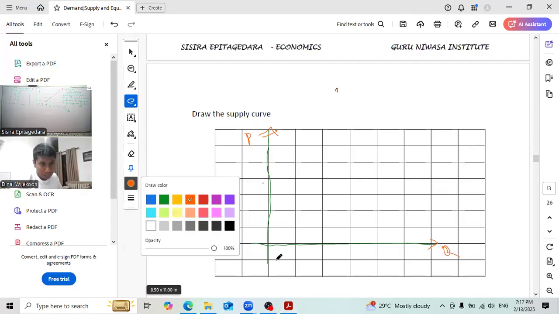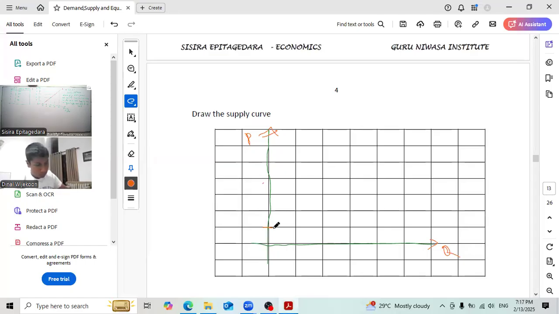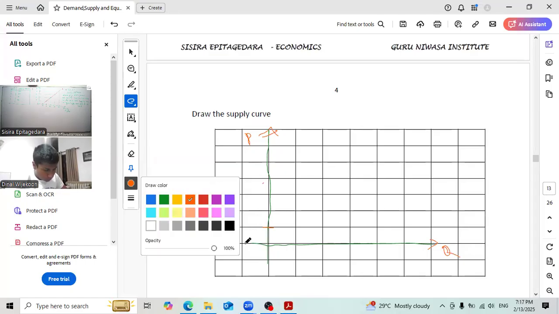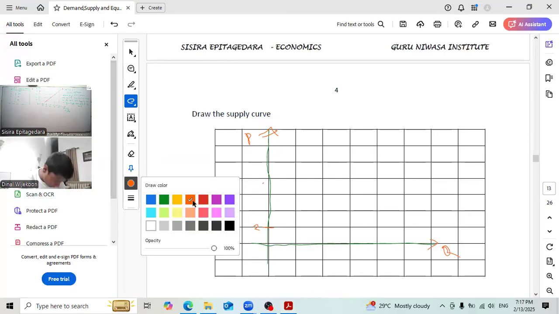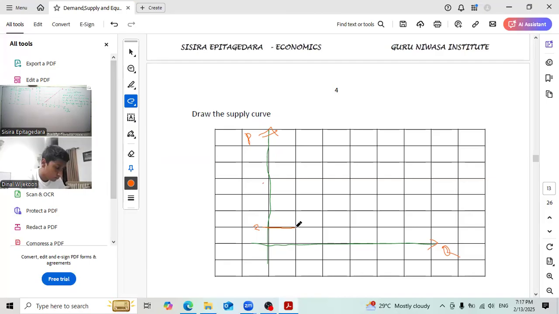Here, Dinal, the mistake is you have marked price 2 here. Am I correct? Yes, sir. Then it means to mark price 2, you have taken only one square. A square means this. Can you see that? One square equals 2. Is that clear? Yes, sir.